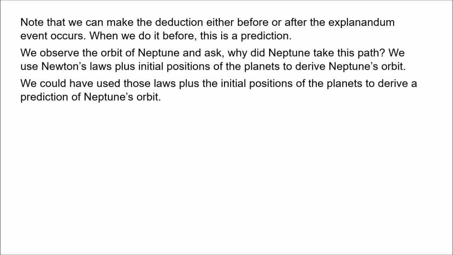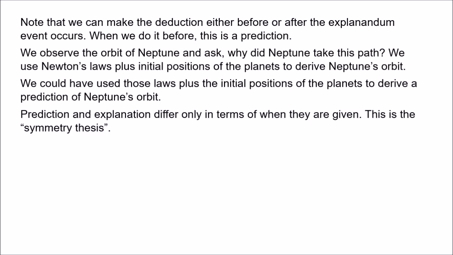So prediction and explanation are fundamentally the same. They differ only in terms of when the deductive argument is given. Recall Hempel's suggestion that giving an explanation of x is a matter of showing that x should have been expected on the basis of the laws and the initial conditions. So this is just to say that an explanation of x would have been a prediction of x if it had been given before x occurred.